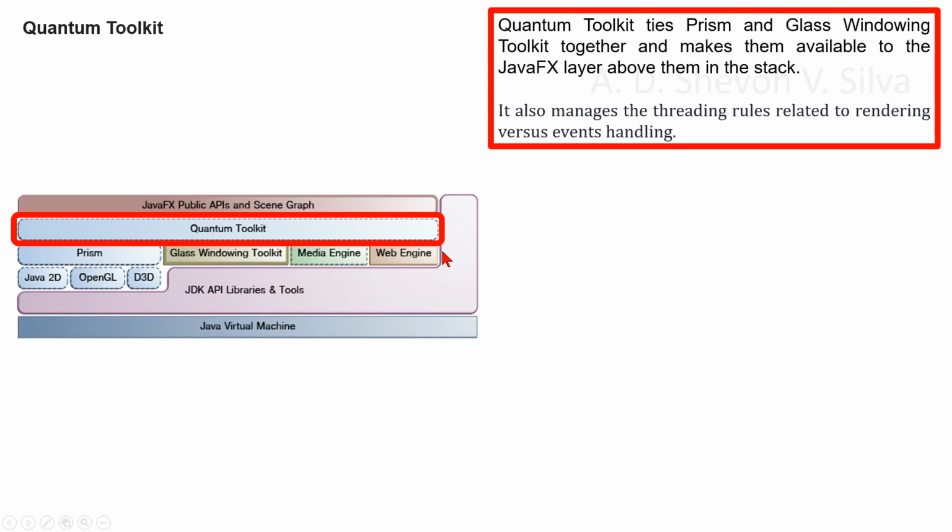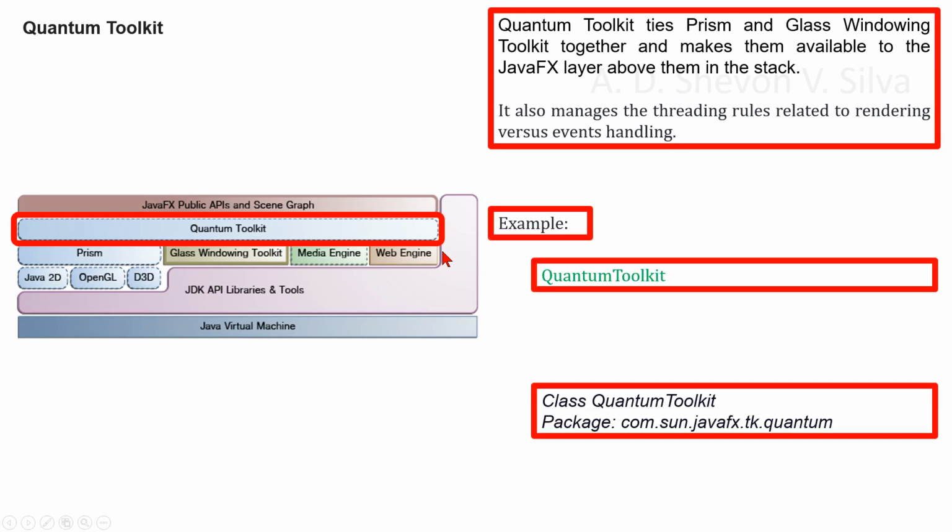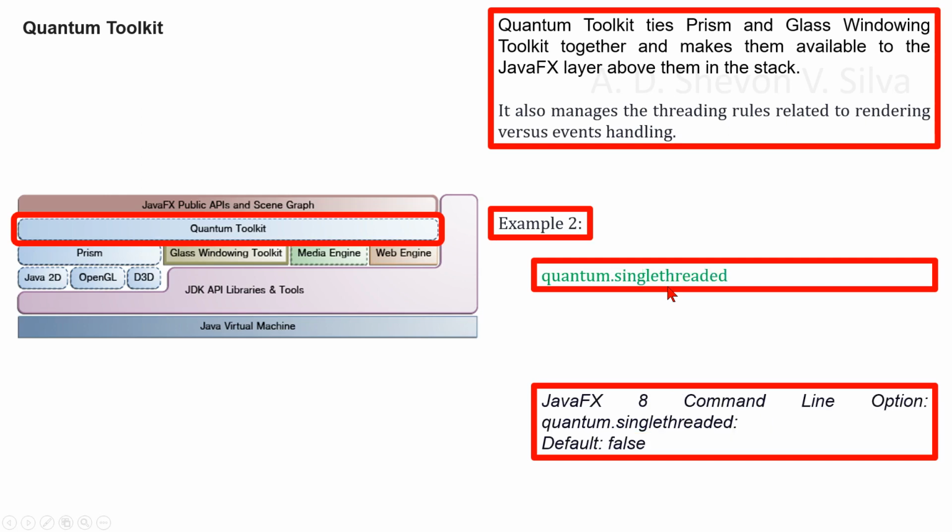It also manages the threading rules related to rendering versus event handling. As an example, we can consider the QuantumToolkit class. This class is in package com.sun.javafx.tk.quantum.